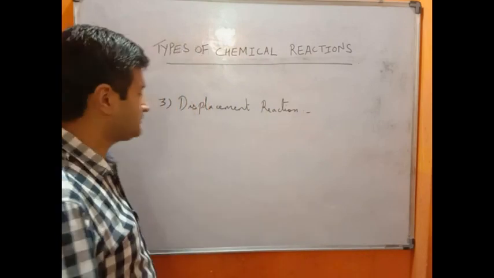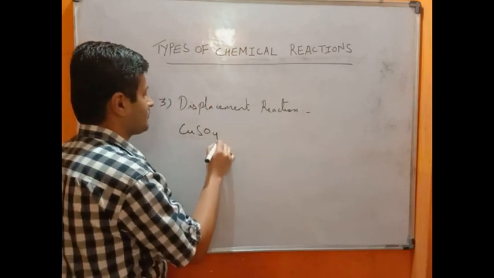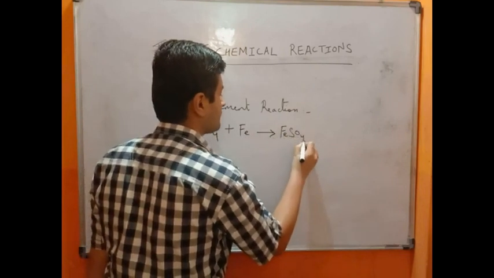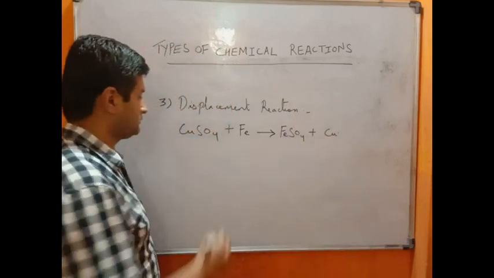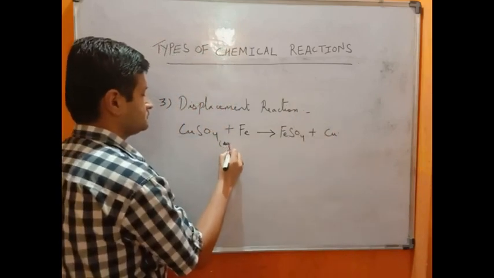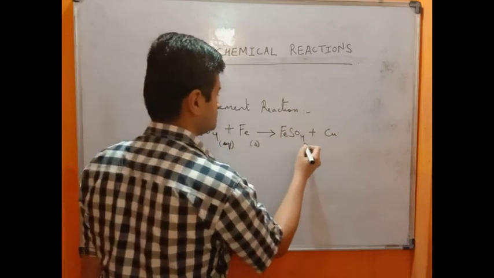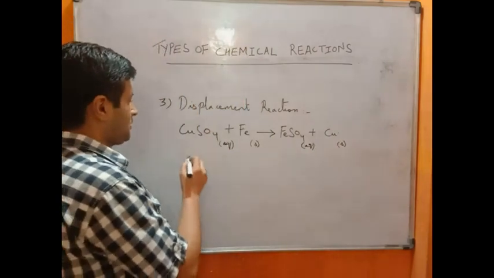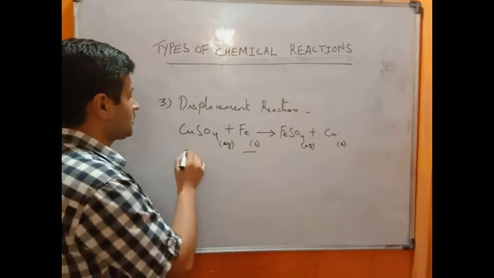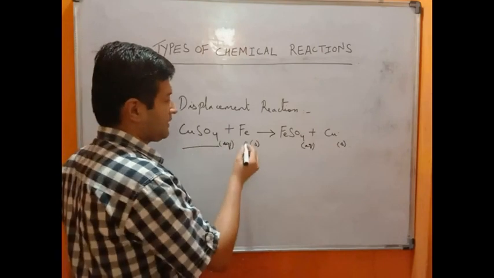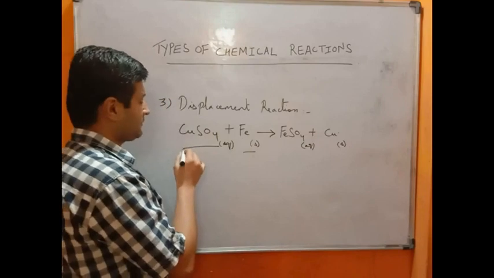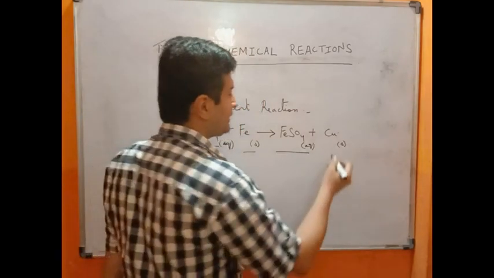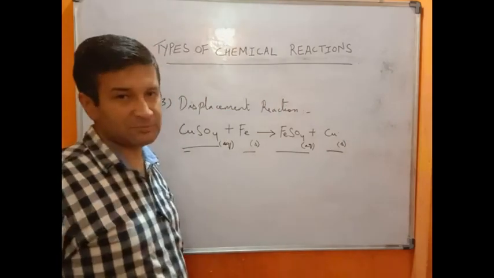For example, here you see that when we add iron to copper sulfate solution, since iron is more reactive than copper, it displaces copper and takes its place to form ferrous sulfate, and copper element is displaced.